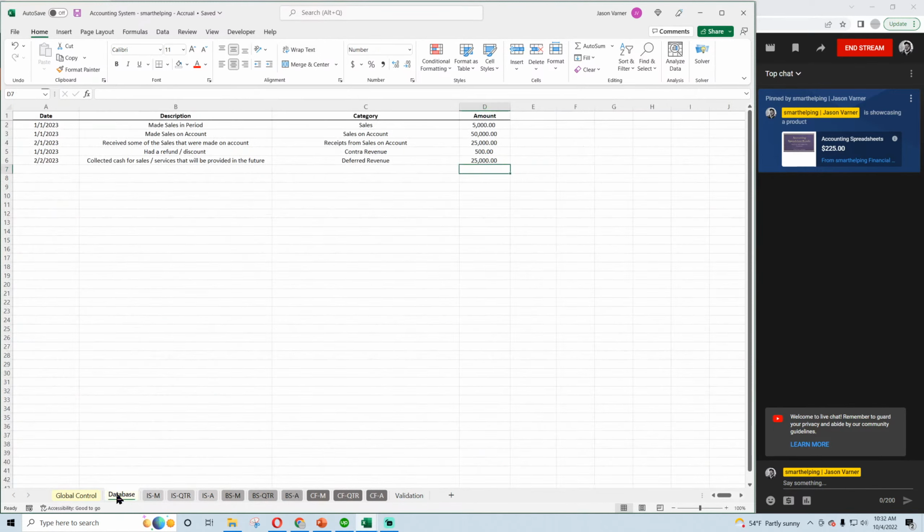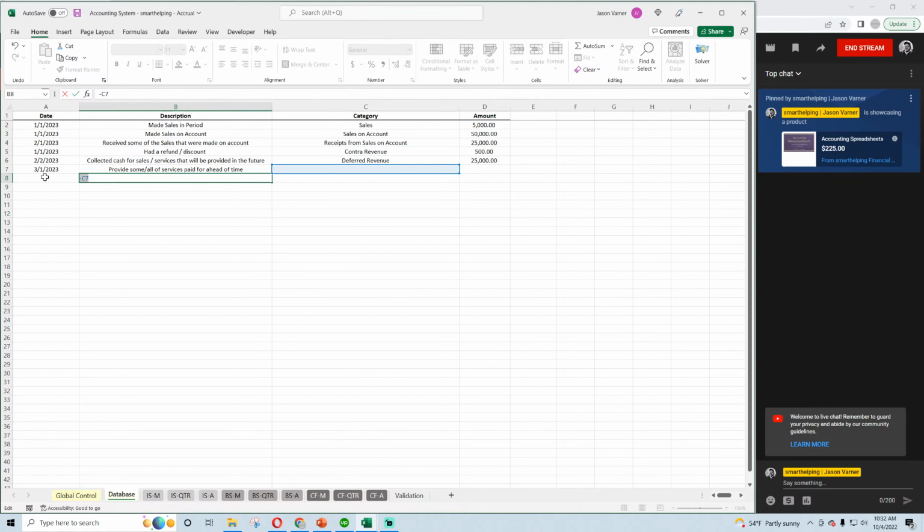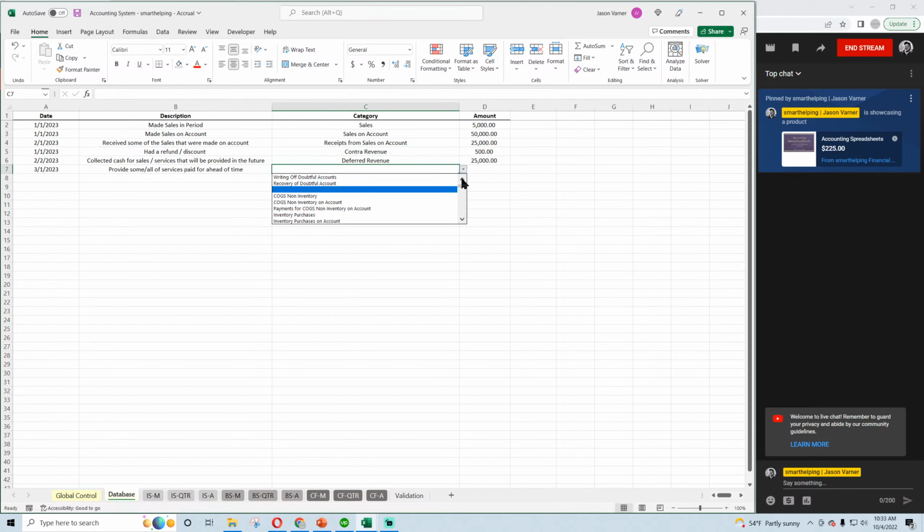Now, when you provide that over time, let's say now in March, you provide some of the services paid for ahead of time. Now you have to recognize some of that. So deferred revenue is now, we're saying recognized revenue is the account we're going to use.